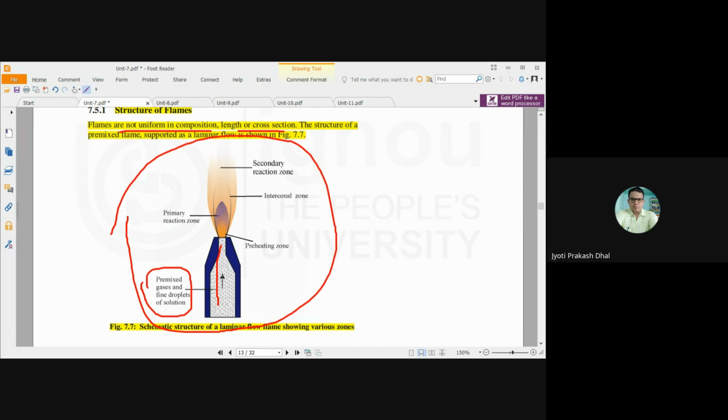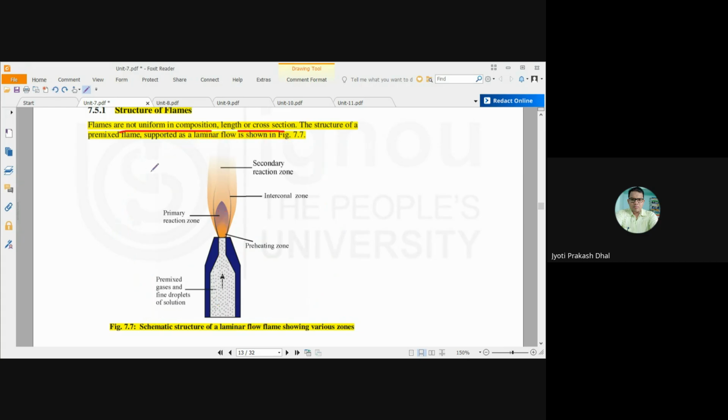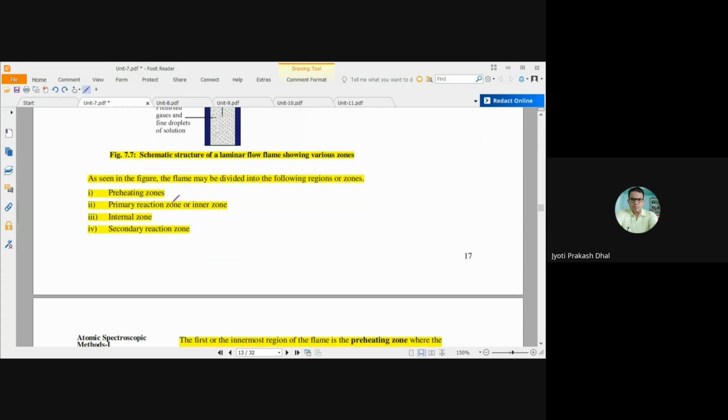This is the primary zone, here the interconal zone, below the primary zone is the preheating zone, and this is the secondary reaction zone. The hottest zone is the interconal zone of the flame. So the different zones of the flame are the preheating zone, the primary reaction or inner zone, the interconal zone, and the secondary reaction zone.